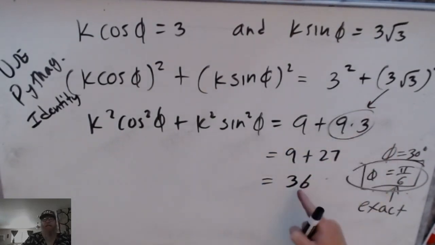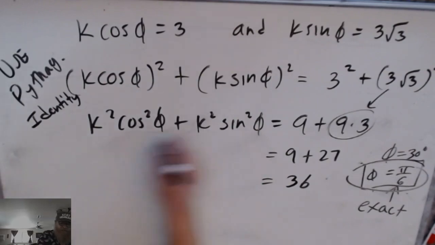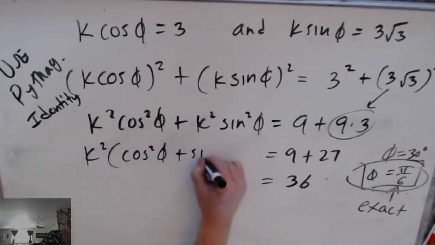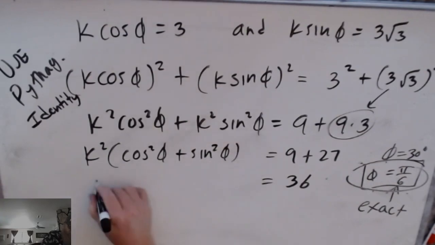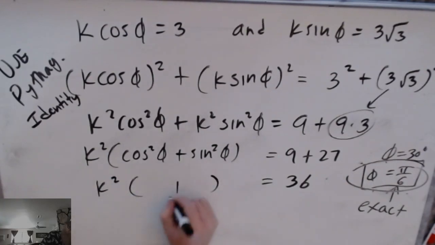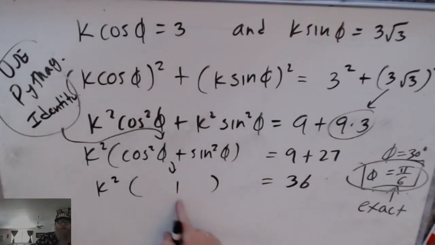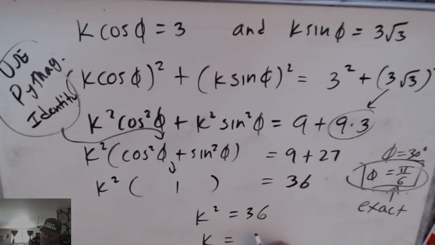So the right-hand side is going to come out to be 36. We can factor out a k squared, use the Pythagorean identity. Cosine squared plus sine squared is equal to 1. So k squared is equal to 36. So k is 6.